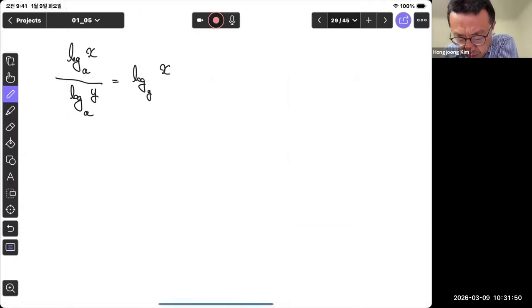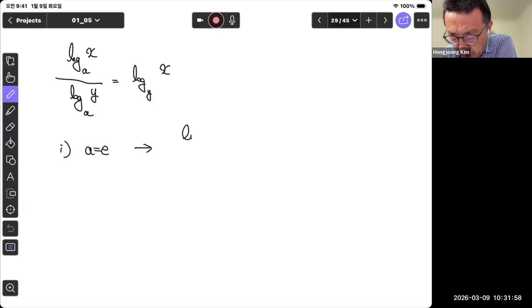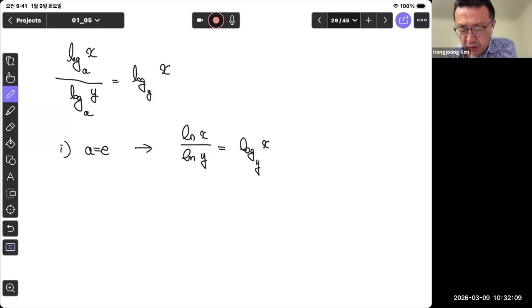When a is e, then we have ln x over ln y will be the same as log x with base y. This is one situation.